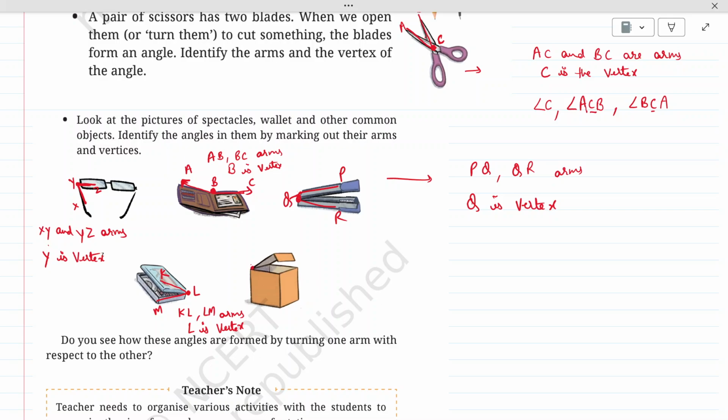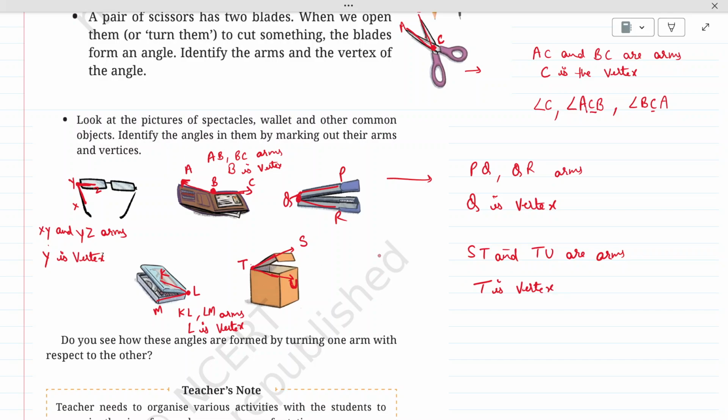So in this box we have these two. I'm just extending here. Let's mark it as S, T and U. So ST and TU are arms and T is the vertex here.